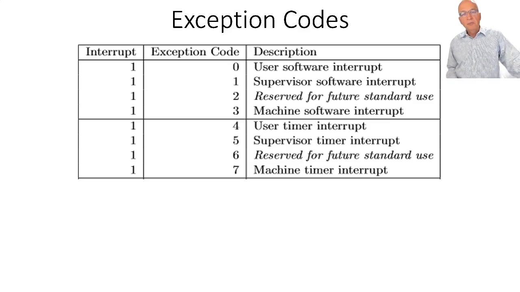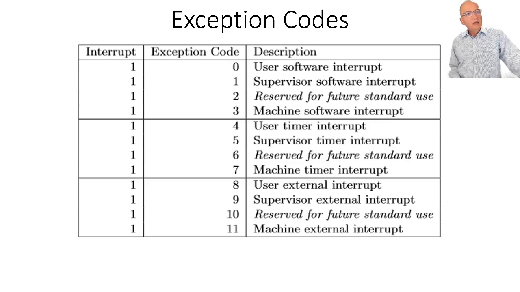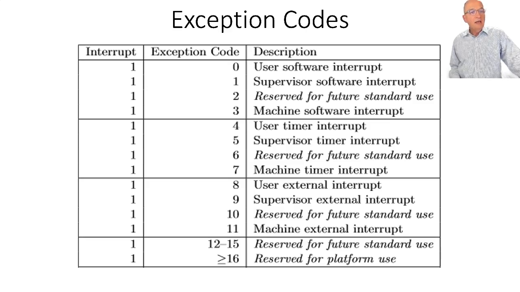That is, for example, the BIOS from your machine. And again, then I have user external interrupt, supervisor external interrupt, and machine external interrupt. And I have one code that's reserved. And then I have several other codes that form the 16 possible versions that are also reserved for future use. They have not been defined yet.